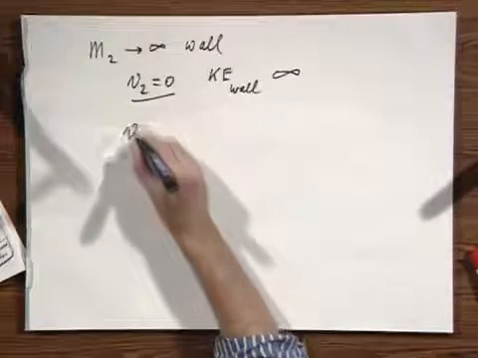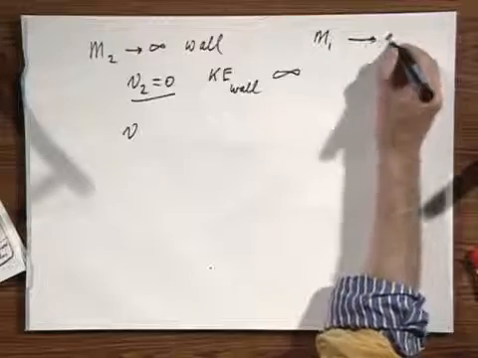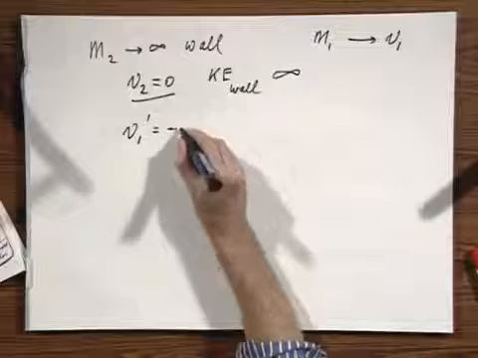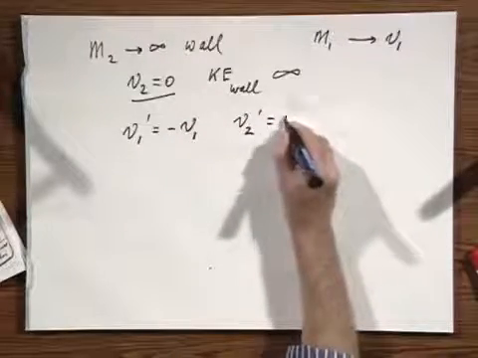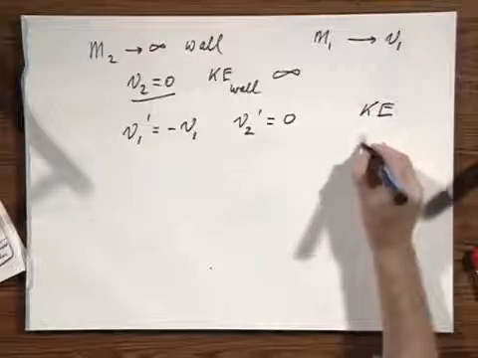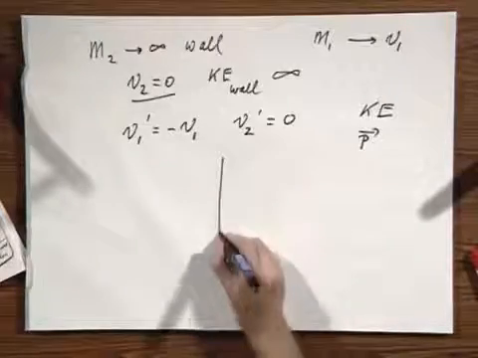And now I find if I collide an object with mass M1, which goes with velocity V1 against the wall, that V1 prime equals minus V1, and V2 prime equals 0. Kinetic energy is conserved, and momentum is conserved.